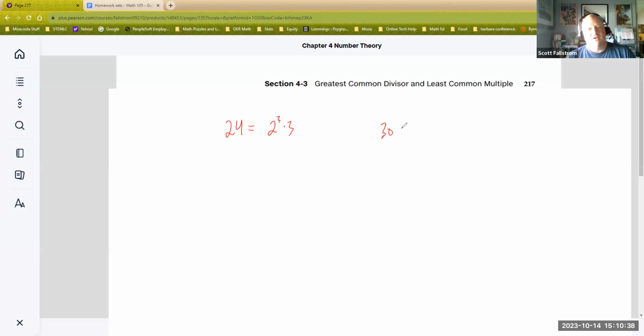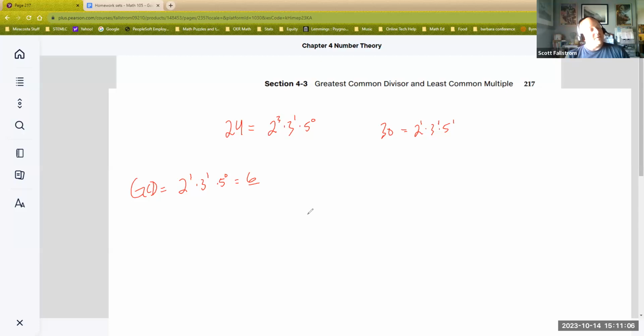We had 30, which was 2 times 3 times 5. We saw that the GCD uses the smallest exponent for each of the factors, so I could put a 5 to the 0 here. The GCD would be 2 to the first times 3 to the first times 5 to the 0, which is just the number 6.